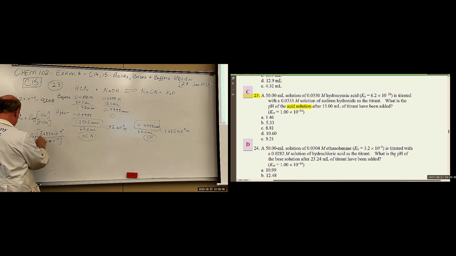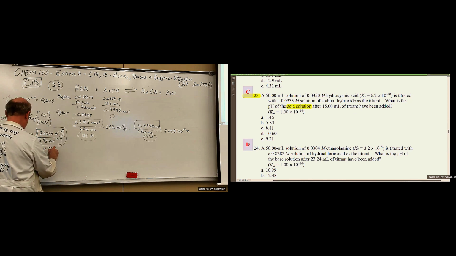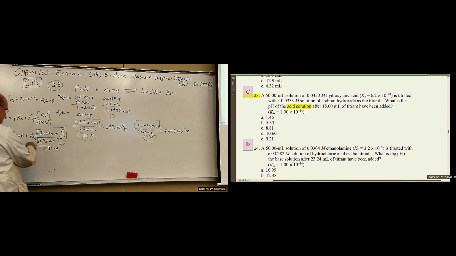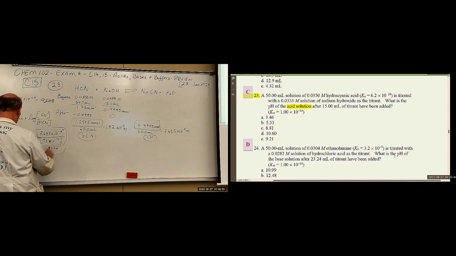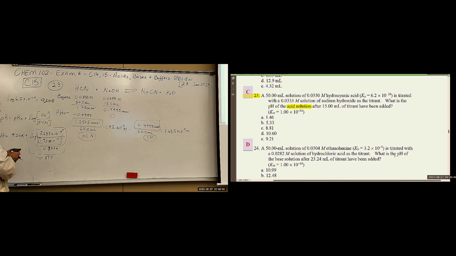So this part right here is 0.3994. I need to take a log of that. Right? So the log of that is minus 0.39. So that's subtracted from 9.208. The pH is 8.81.